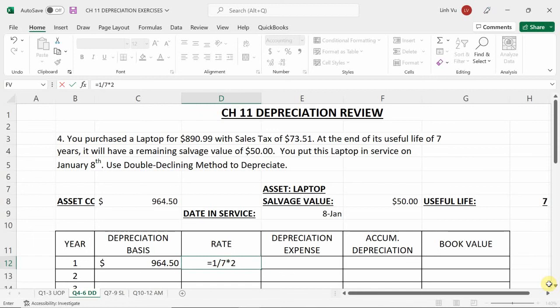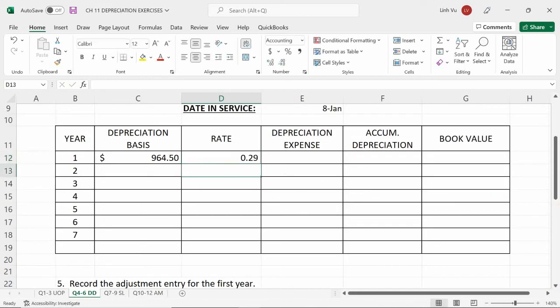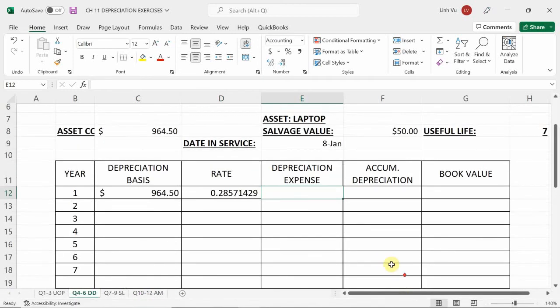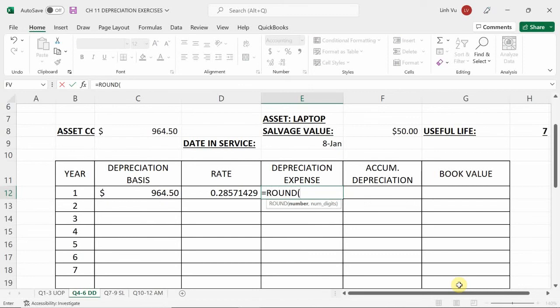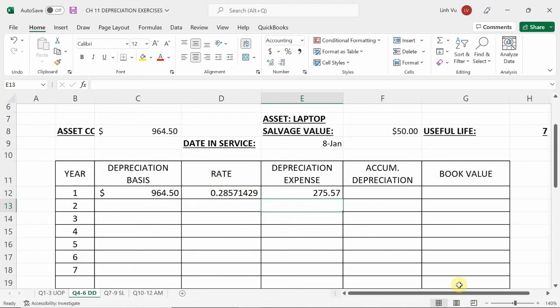So I got 0.28571. Good. So then, what is going to be my depreciation expense? $275.57.